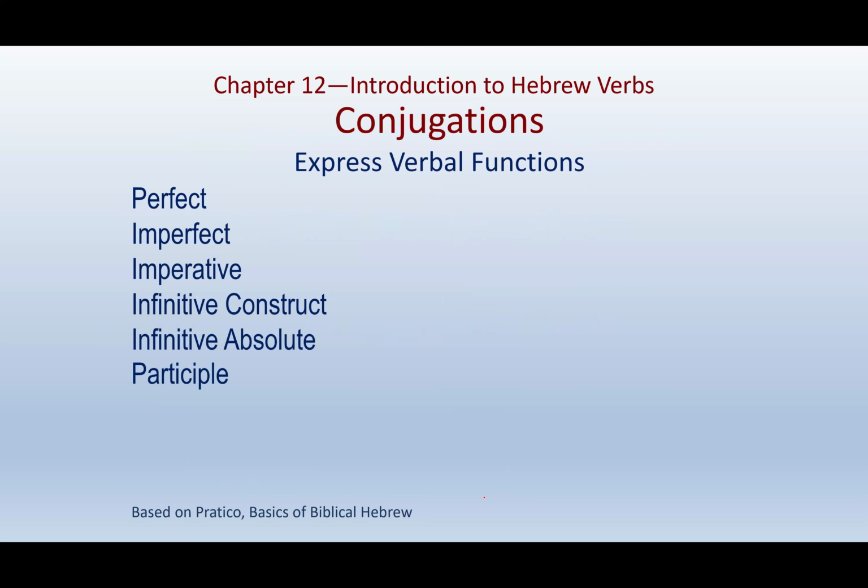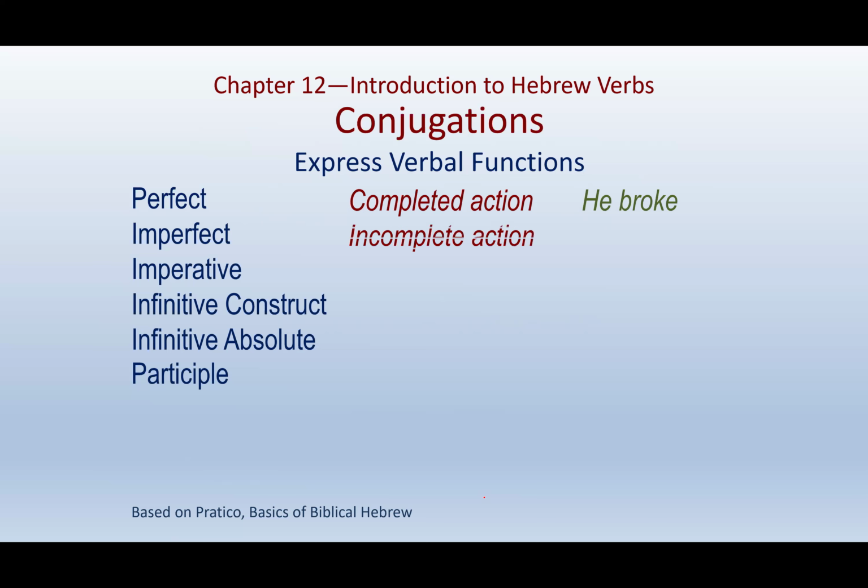So we have the perfect, the imperfect, the imperative, the infinitive construct, the infinitive absolute, and participle. Those are the conjugations. The perfect is used to indicate completed action. Because of that, it is almost always going to be translated in the past. He ran the race. Well, if he was still running it, you'd say it differently: he is running, or he was running. But anyway, perfect is a completed action.